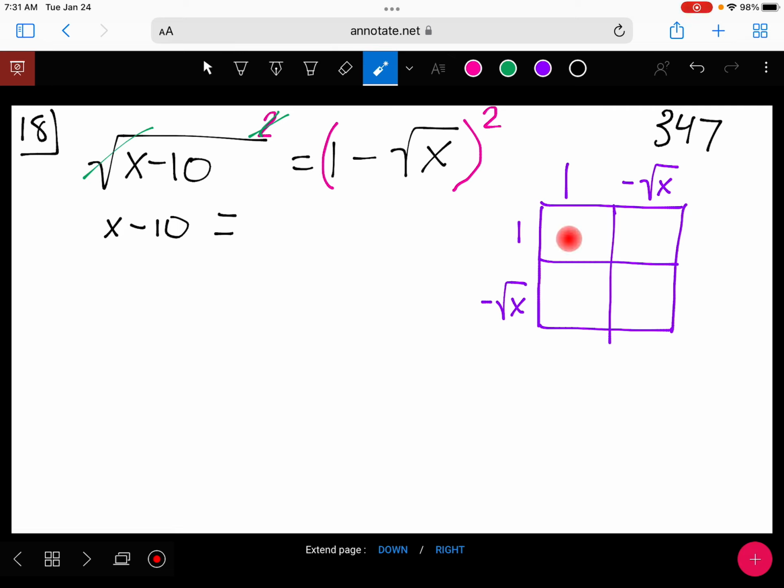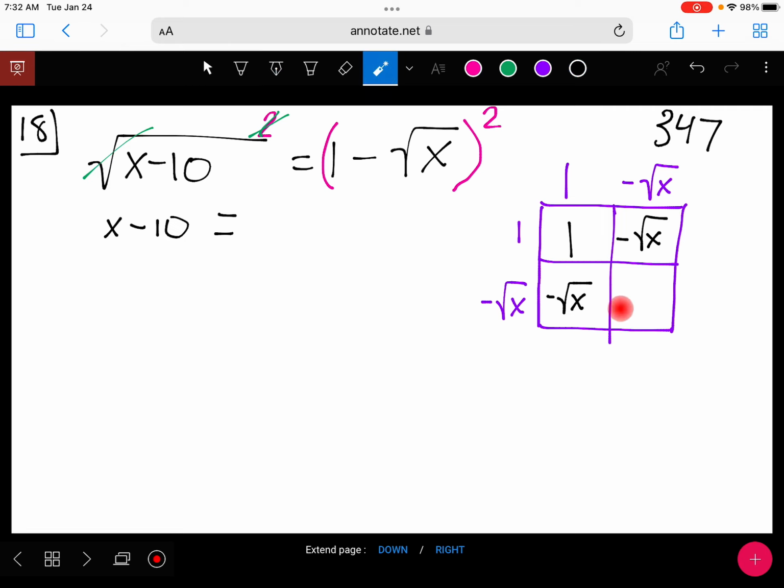What is 1 times 1? 1. And here we have 1 times the square root of x, or 1 times negative square root of x. So we get the negative square root of x, just times 1. Down here we have 1 times the negative square root of x. So again, we get the negative square root of x.